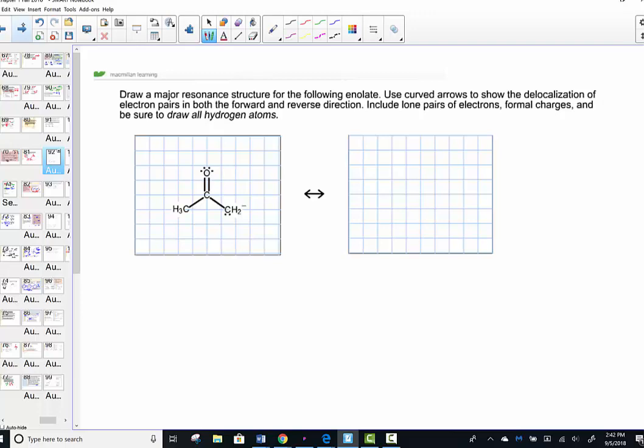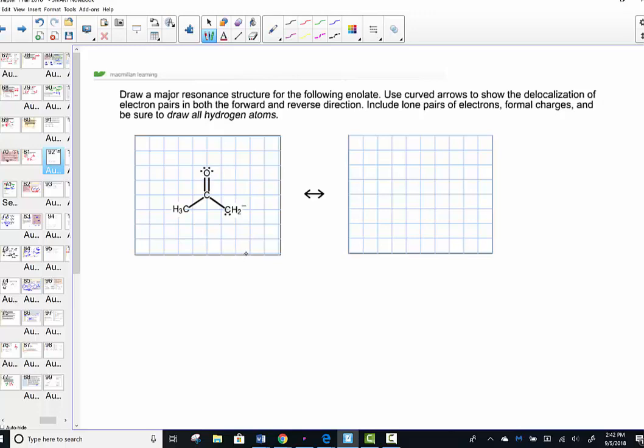Now here's a Sapling question. Draw a major resonance structure for the following. Enolate is the name. Use curved arrows. So when you click on your Sapling, you'll have one of these toolbars that come up and a curved arrow. Make sure it's a double barbed arrow to show the delocalization of the electron pairs in both the forward and the reverse direction.